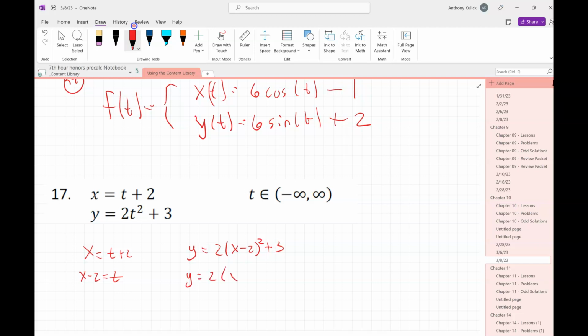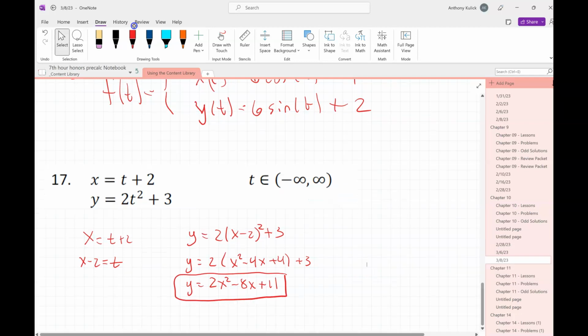FOIL, very good. Very tempting to just distribute your exponents. Do not do that. Exponents don't distribute. And then we'll distribute the 2 through and combine our like terms. So far, so good? Yeah. Okay.